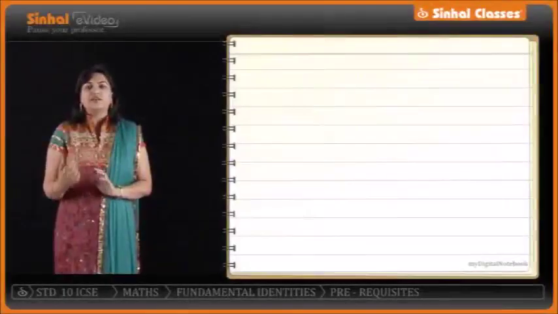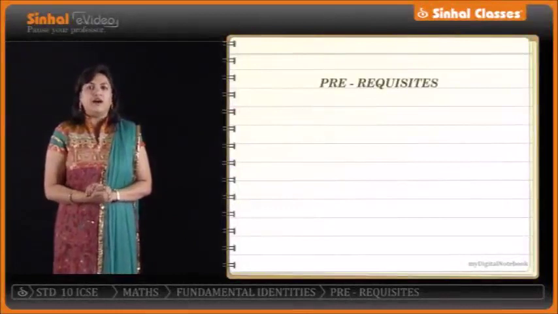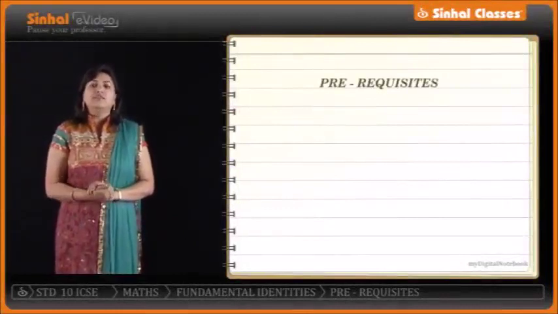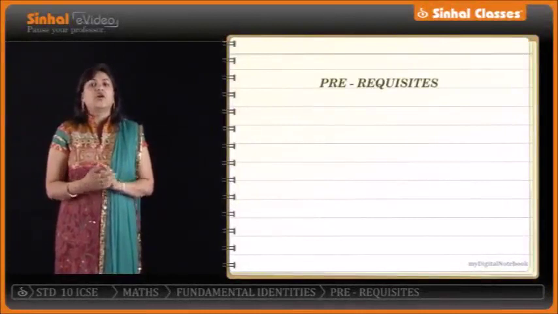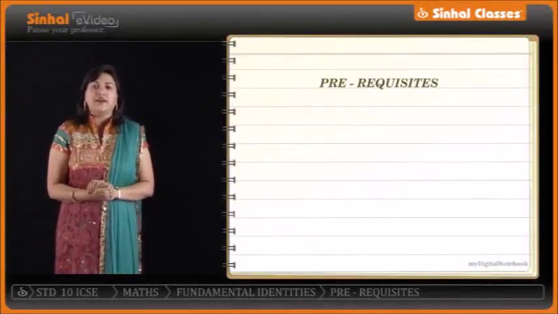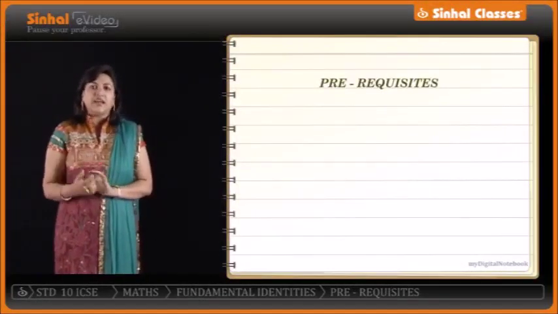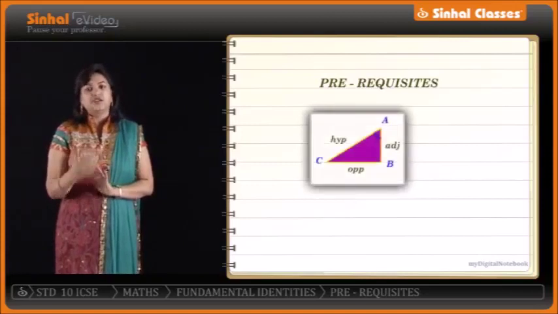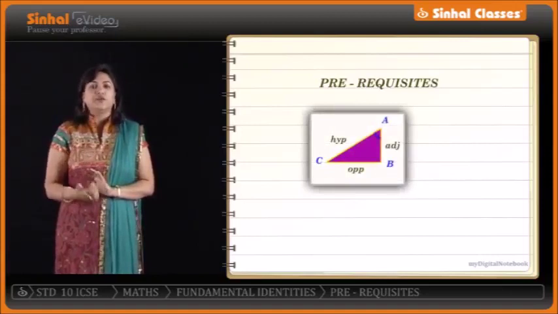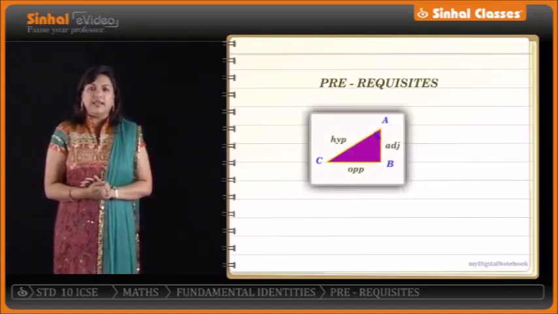Now the prerequisites for this topic are, you need to know the trigonometric ratios of a right angle triangle. Now we take a right angle triangle in which angle B is 90 degrees. We can find the trigonometric ratios for angle A.